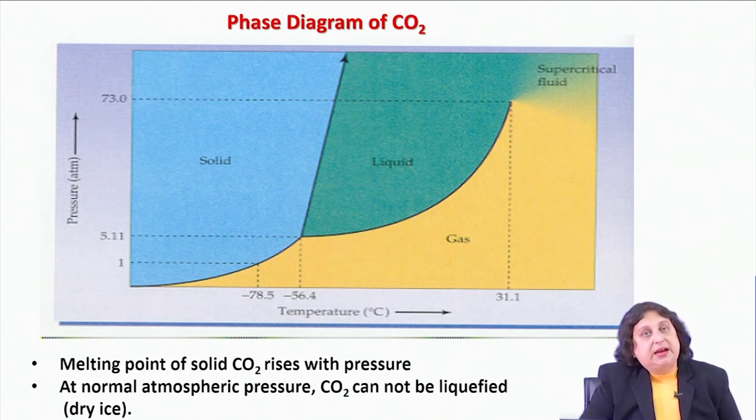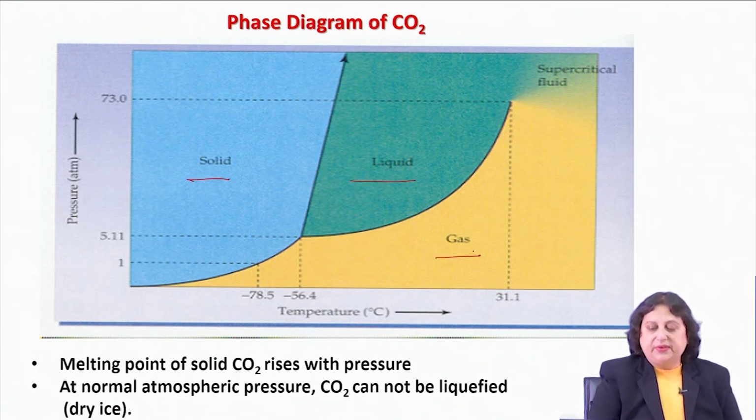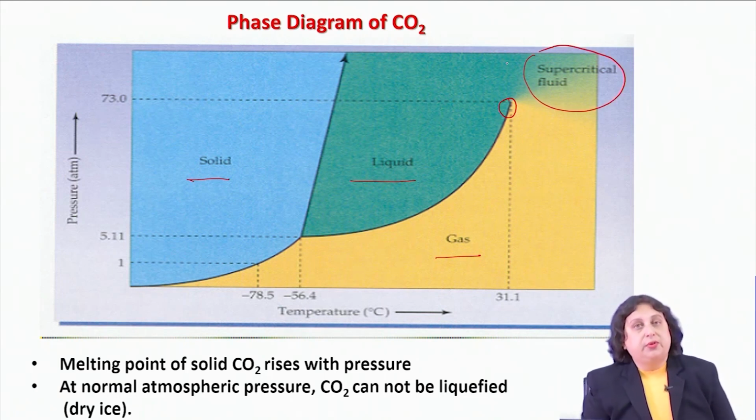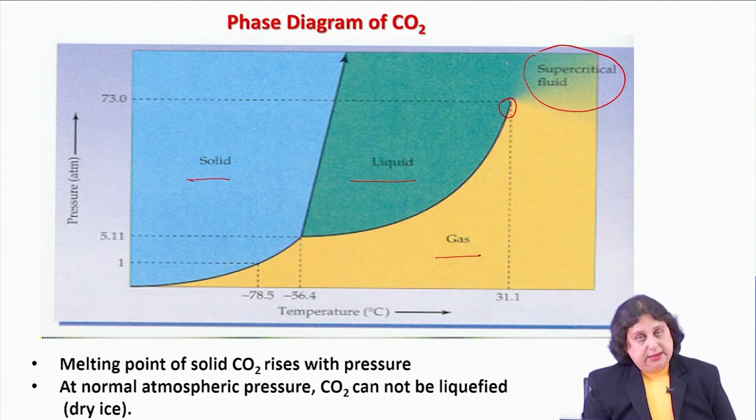So this is the phase diagram of carbon dioxide, and here you can very clearly see that you have the solid phase, liquid phase and the gas phase, and beyond the critical temperature what you have is a supercritical fluid where you can change the density of the fluid from liquid-like to gas-like values without encountering a gas-liquid meniscus in between.